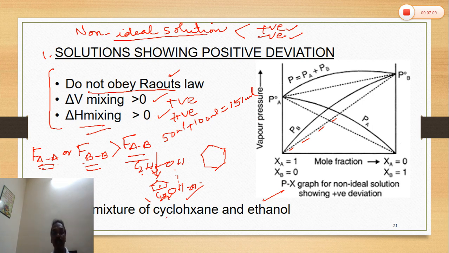Here in this example, cyclohexane and ethanol, like attracts like, with hydrogen bonding in ethanol, but there will be an increase in volume. The force of attraction between AB is lesser than the AA force of attraction or the BB force of attraction.